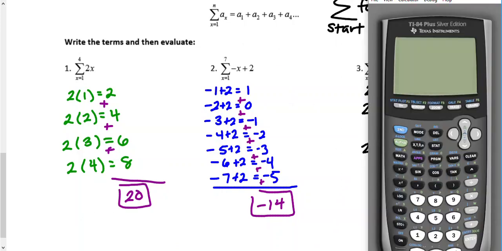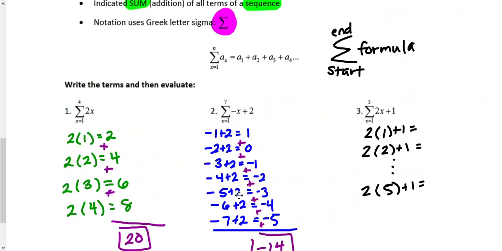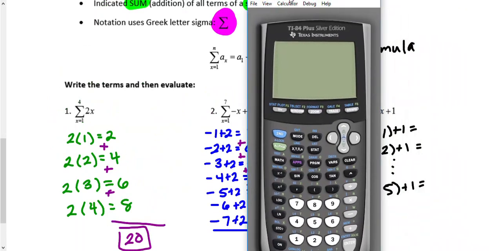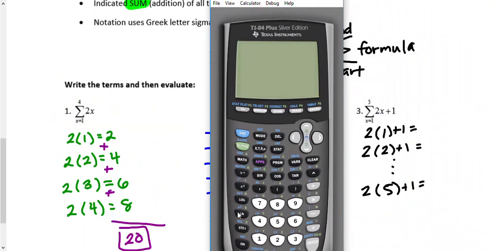So if we go to our calculator, we're actually going to do number 3 in the calculator. So turn it on. Now to get the E, you hit alpha, window, option 2. Now you can just type it in as you see it.